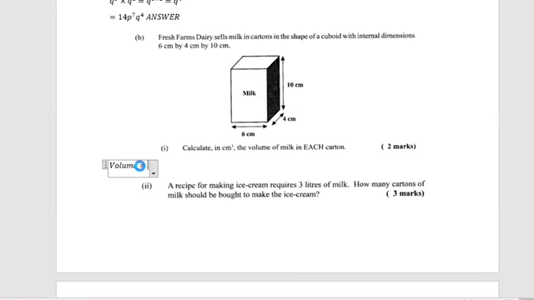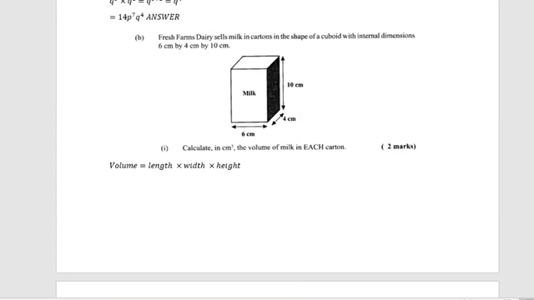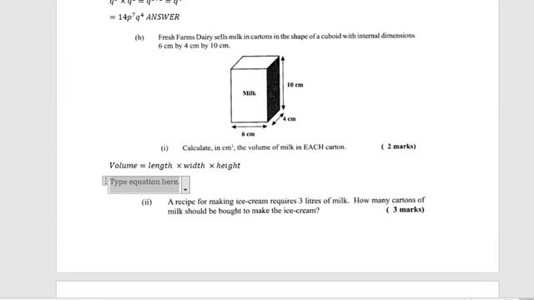So it is length multiplied by width multiplied by height. So my volume would then be 6 multiplied by my width of 4 multiplied by my height of 10 centimeter.